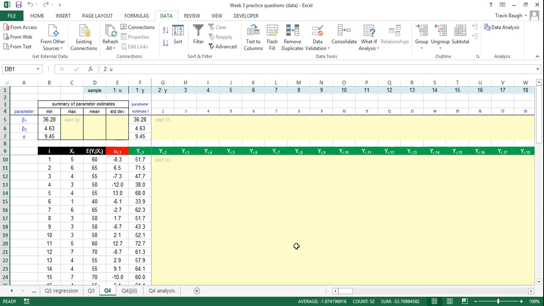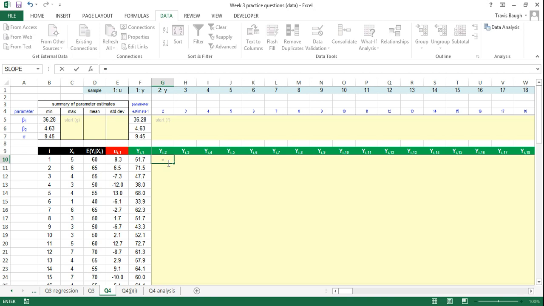Part E says, use the model derived in A, the xi values, so that's in this column, and the 99 new sets of disturbance values you generated to produce 99 new sets of 50 y values. And this is to be done here.